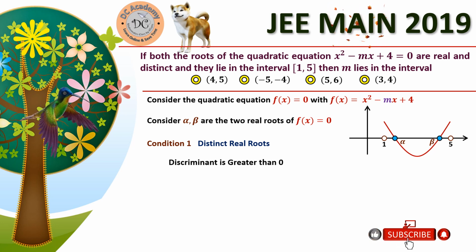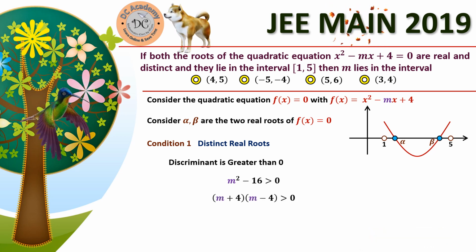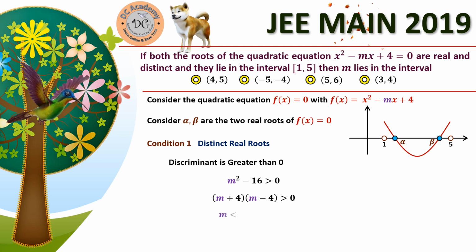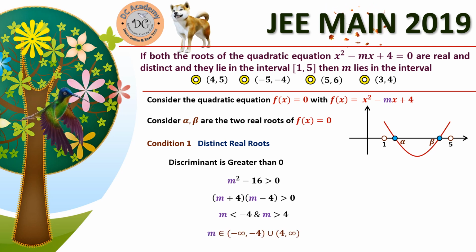So b square minus 4ac gives m square minus 16, and that's greater than 0. If we factorize, m plus 4 times m minus 4 is greater than 0. This is satisfied if m is less than minus 4 or m is greater than 4. So m belongs to the interval minus infinity to minus 4 and 4 to infinity.